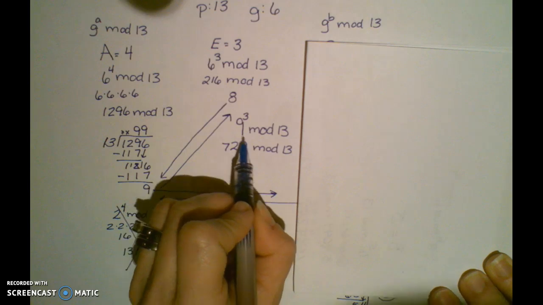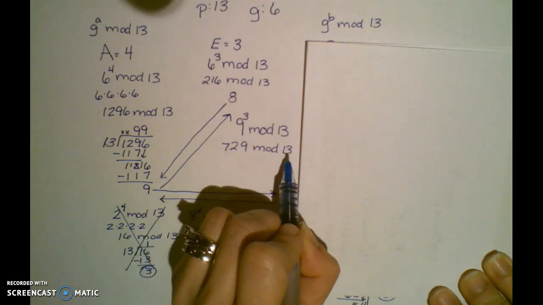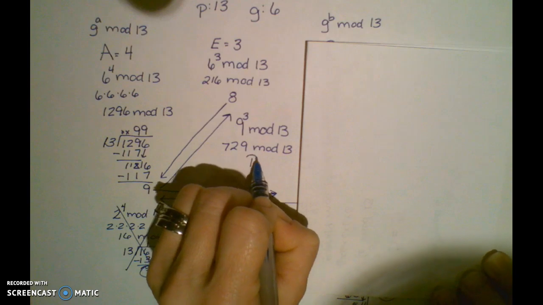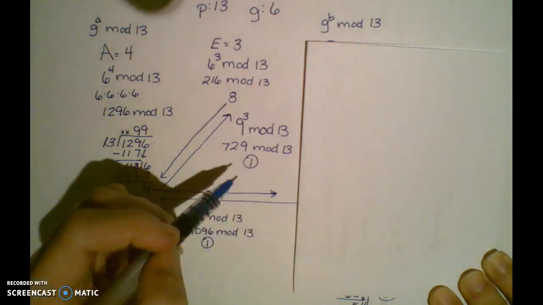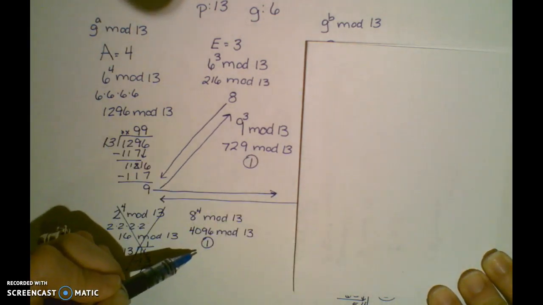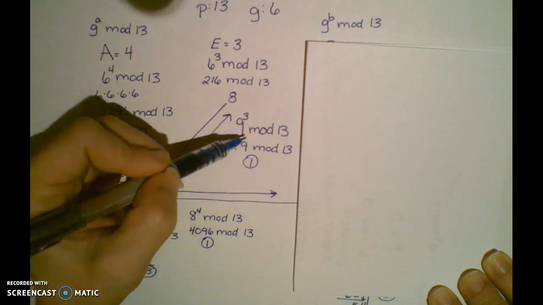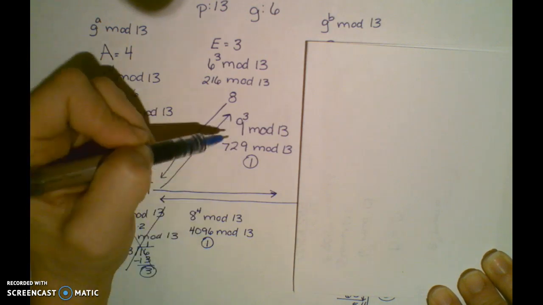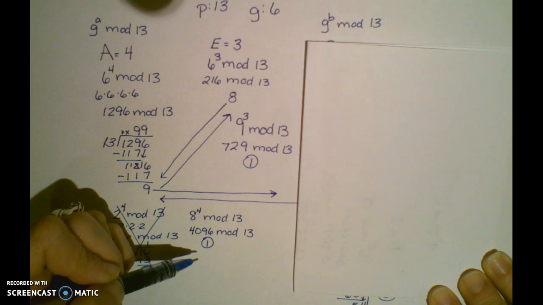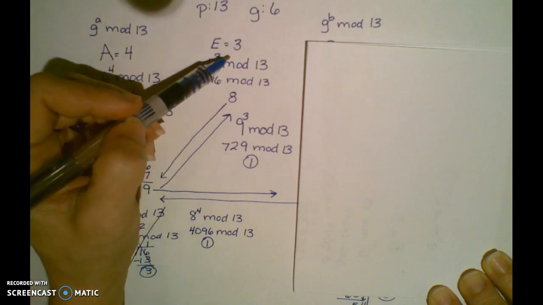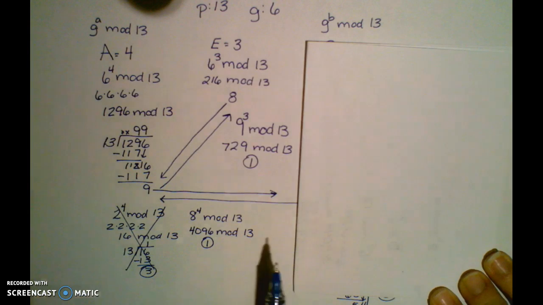And when Eve takes 729 and divides by 13, she's going to get a remainder of 1. So now she has intercepted Bob's message from Alice, and did the Diffie-Hellman exchange in place of that with whatever number she wanted, and ended up getting a 1.